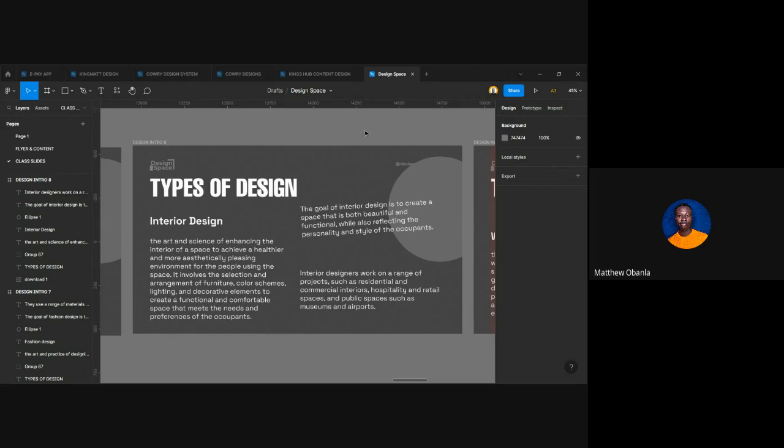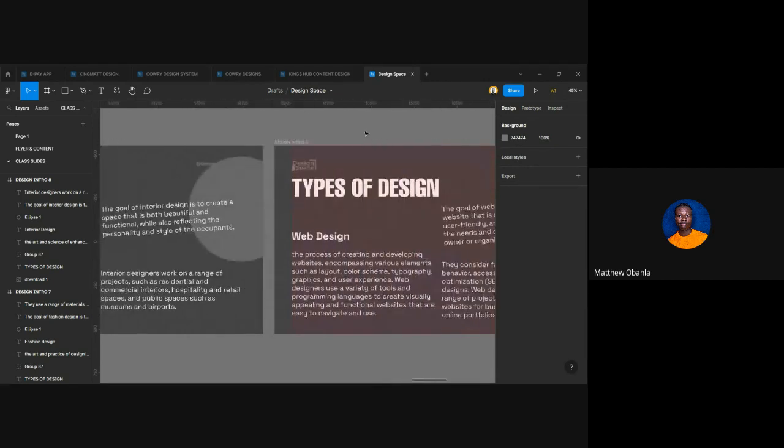Interior designers work on a range of projects such as residential and commercial interiors, hospitality and retail spaces, and public spaces such as museums and airports. Like I mentioned, hospitality and hotels too. You get what I'm saying?